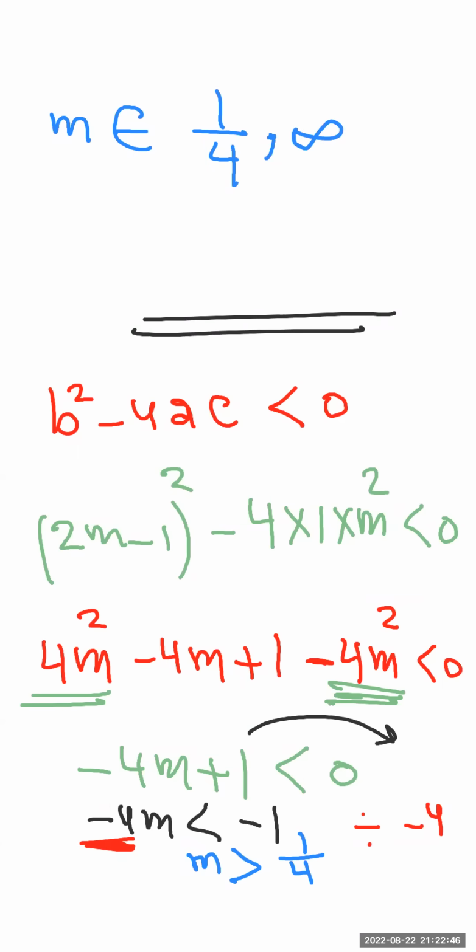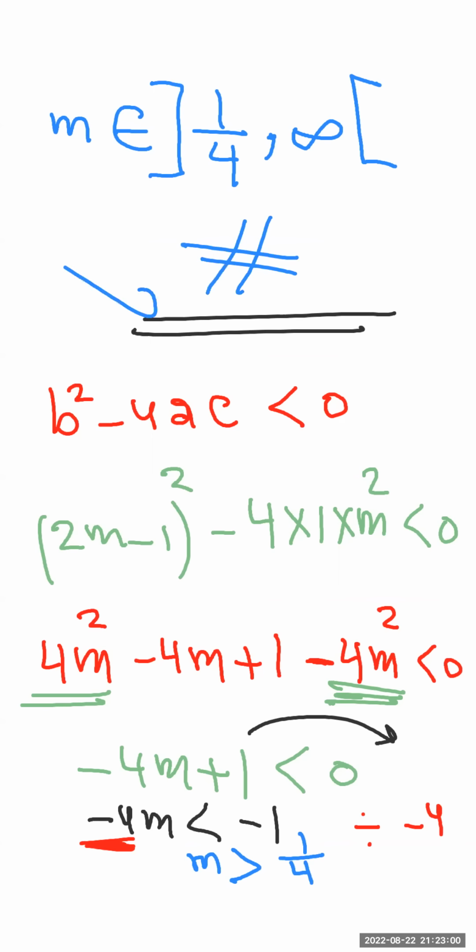Of course, positive infinity is open from that side. Here, is it greater than only or greater than or equal? No, it's greater than, so also open. I'm done. So this will be all possible values for m, so that the two roots are not real.